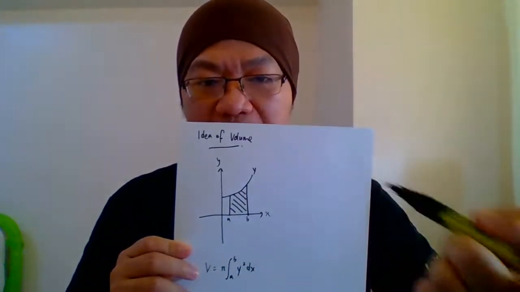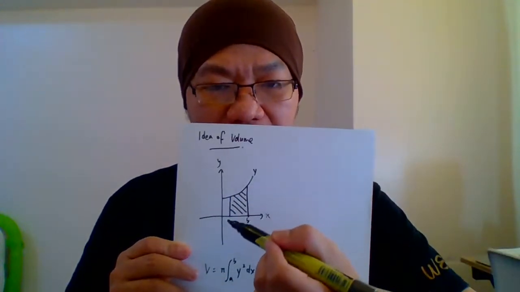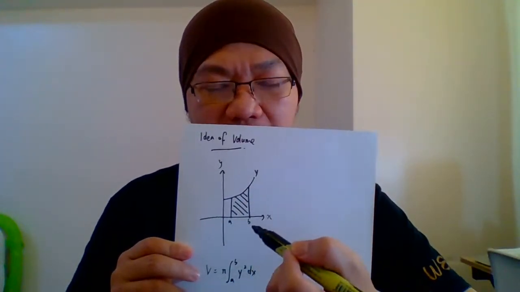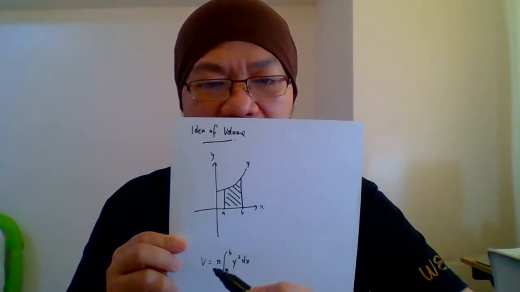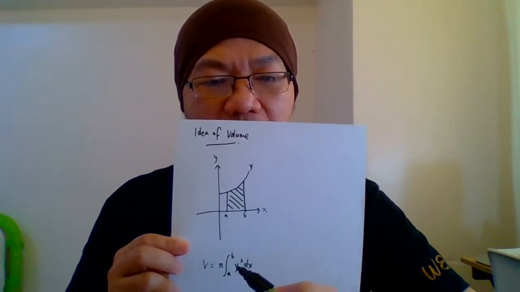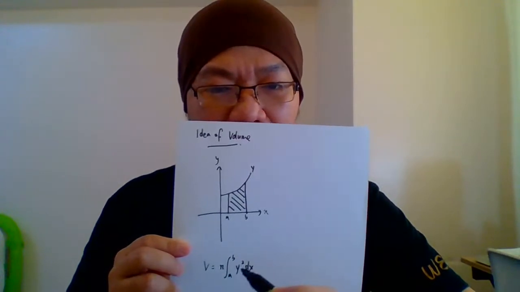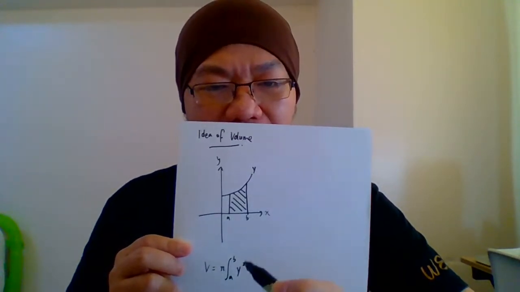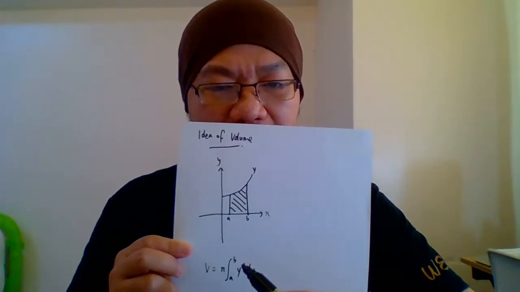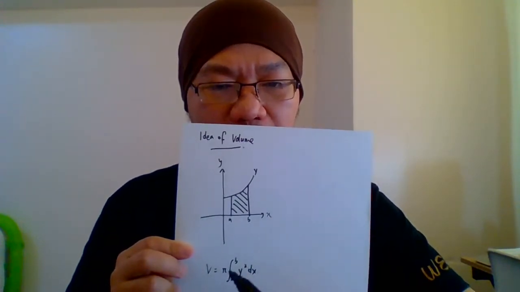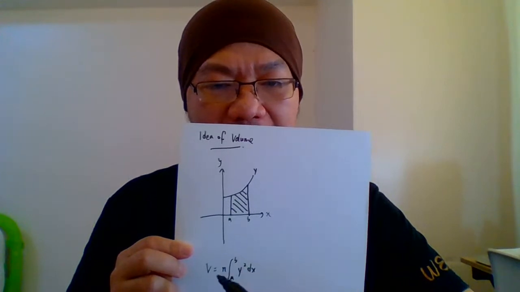And like previously for finding the area, you must know the values of a and b, that is your limits. To find the volume, that will be pi integrate from a to b of y squared dx. Careful, we have y squared. If you compare to area, there is only y, no square. But for volume, you must put the square and also the pi outside the integration.